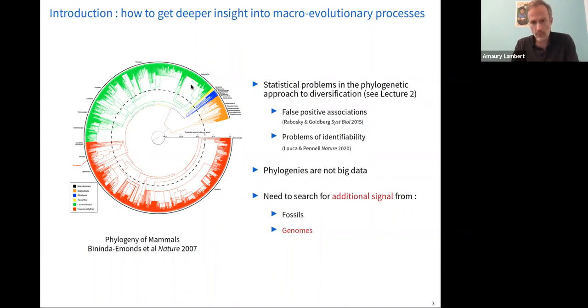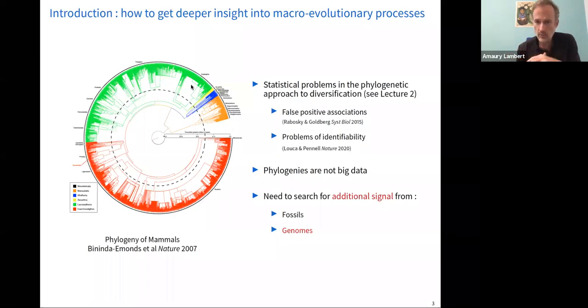The first class of problems is statistical problems of two kinds: false positive associations. For example, there have been attempts to see if these methods could detect an association between the speciation and extinction rates on the one side, and on the other side a trait which would be fake, like for example the number of letters in the species name.